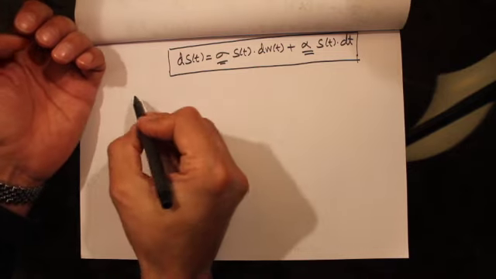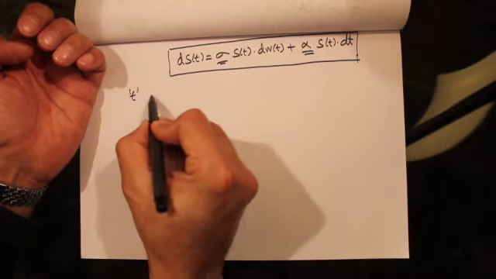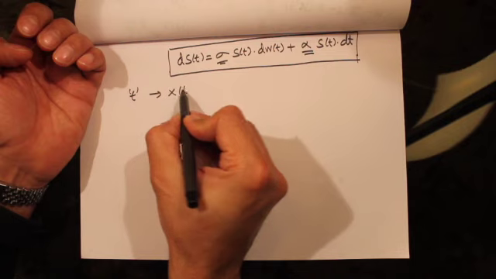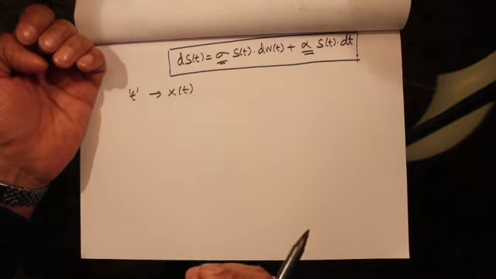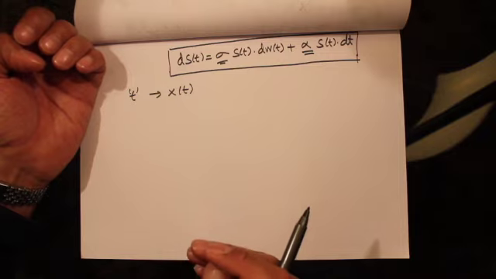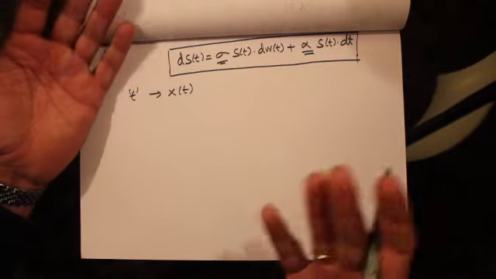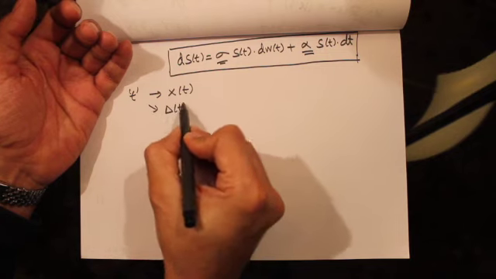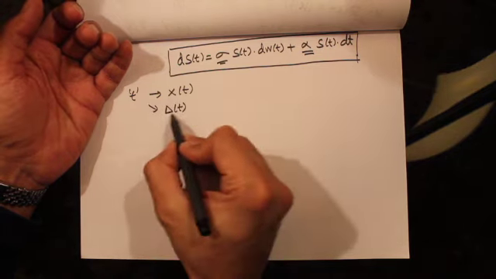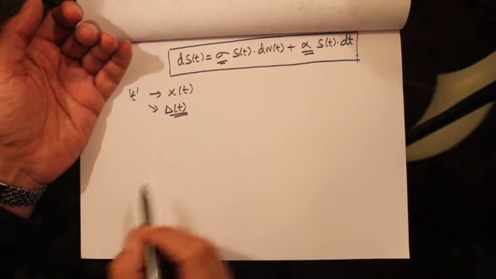Let's assume that we are at time t, and at time t we have some money with us given by X(t). At time t we're going to buy a certain amount of stock, and the number of shares we buy is given by Delta(t). This is the position in our stock.